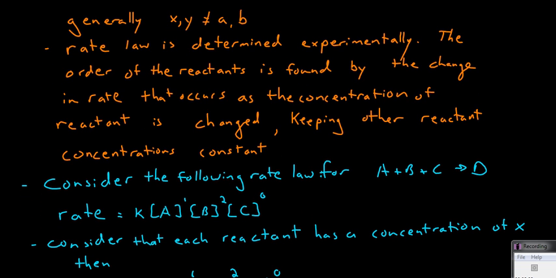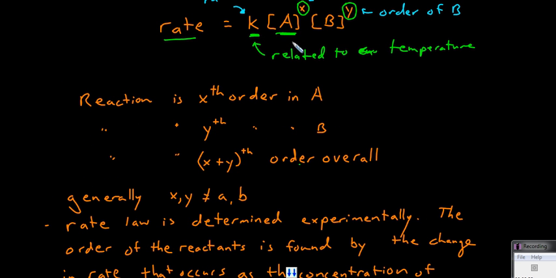The order of the reactants is going to be found by changing the rates of reaction by changing the concentrations of the reactants, keeping the other reactant concentrations constant. So we'll see that by, say, doubling the concentration of one reactant, we might double the rate, implying the order of that reactant, as long as this other reactant was held constant in concentration.